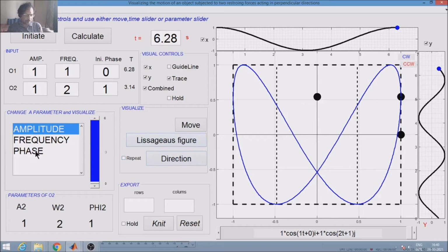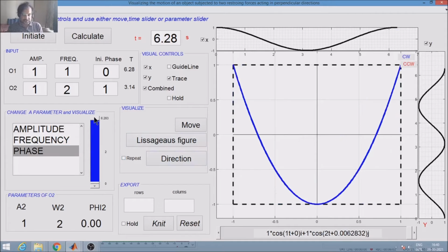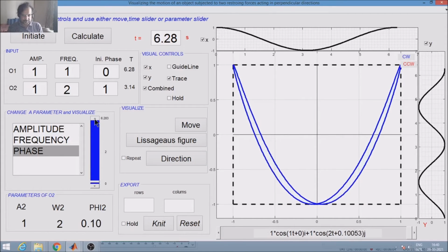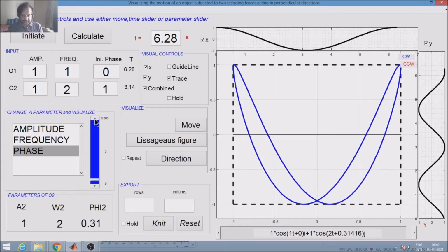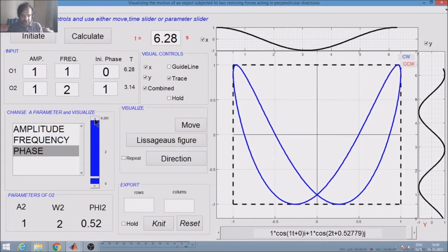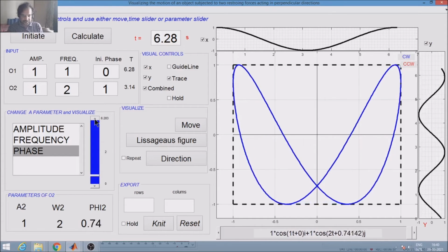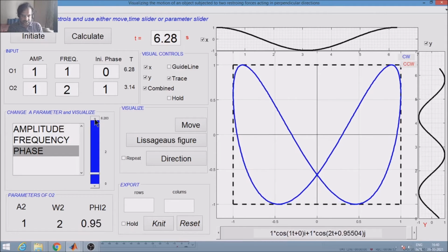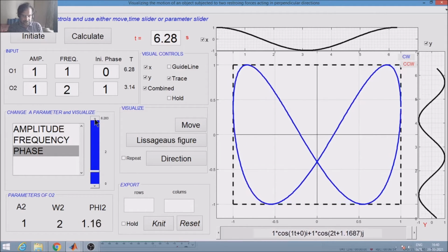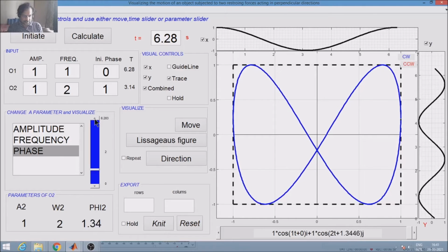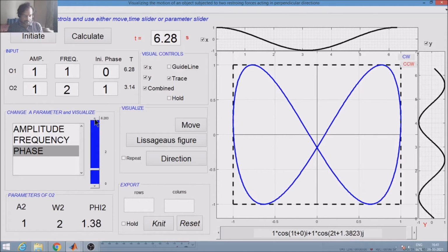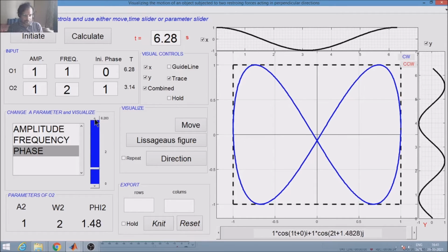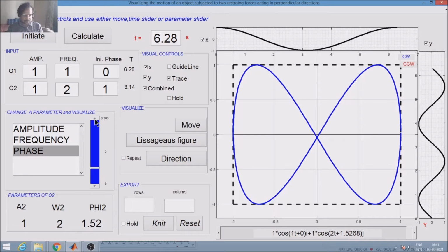Now let us observe that by changing the phase. So this is with 0. As the phase is increasing, the tangent points are shifting, one to the right and one to the left. Remember when frequencies were equal and amplitudes were equal, at 1.57, that is pi by 2, something interesting happened.